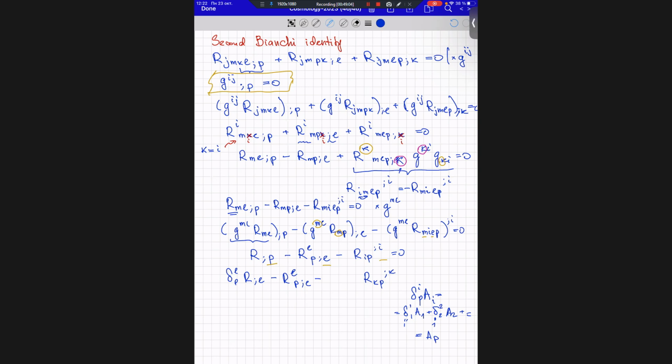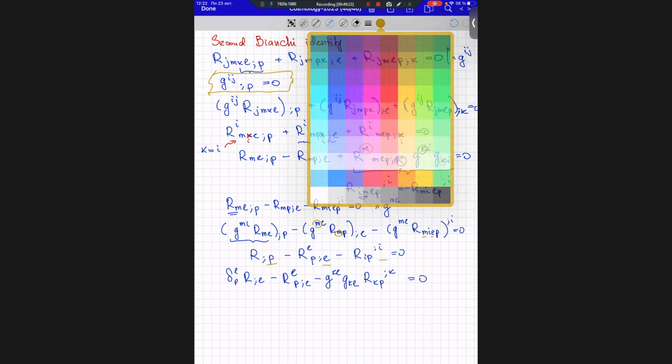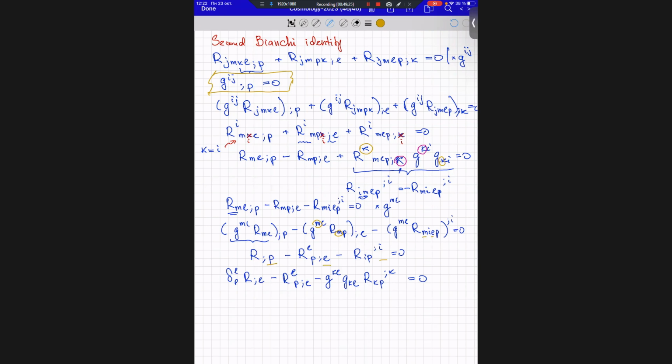It doesn't matter because it's a summation index. And I will apply twice G K L, J K L, so Q, equal 0. This K I will apply to this index, and this K I will apply to this index. Oh, it's better to put a different color.